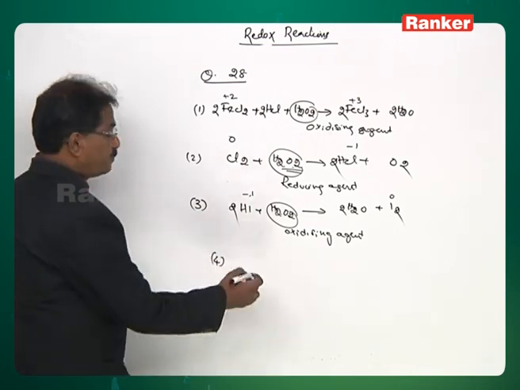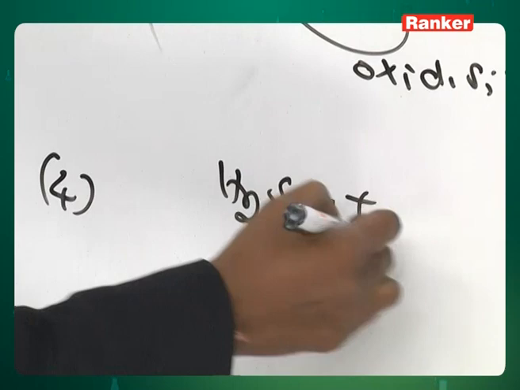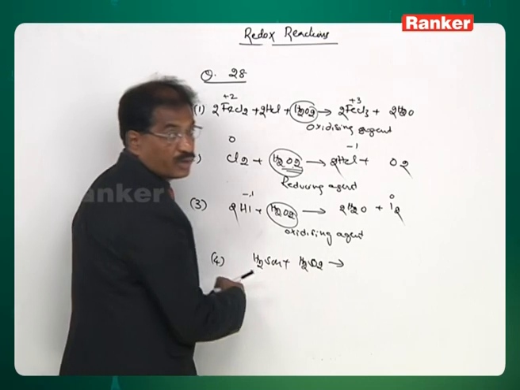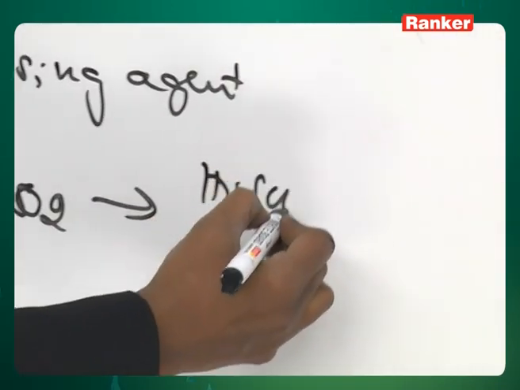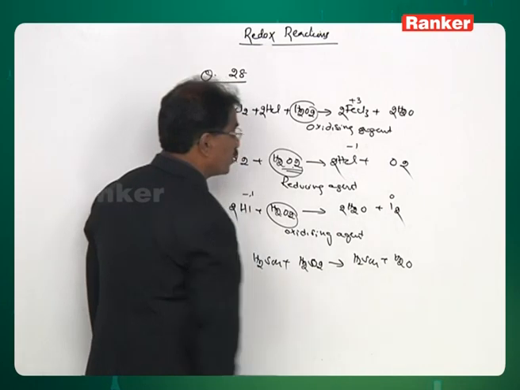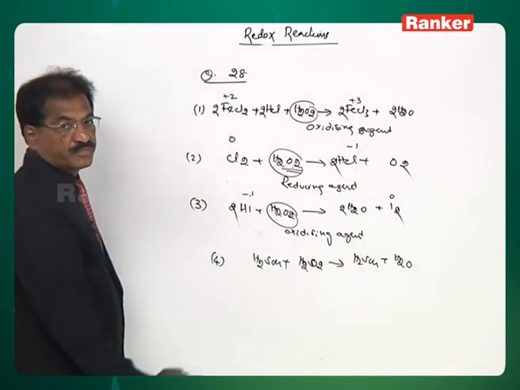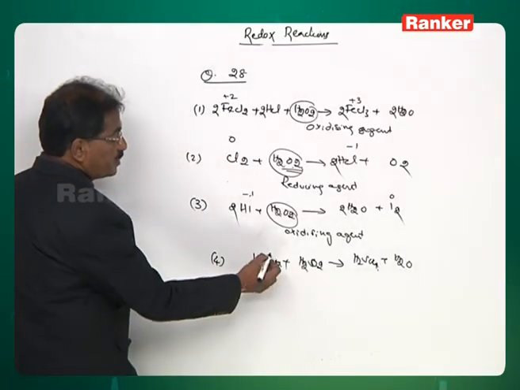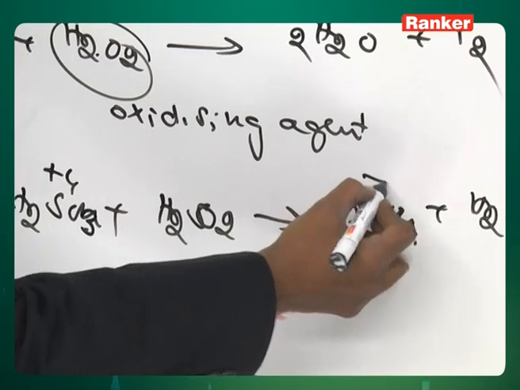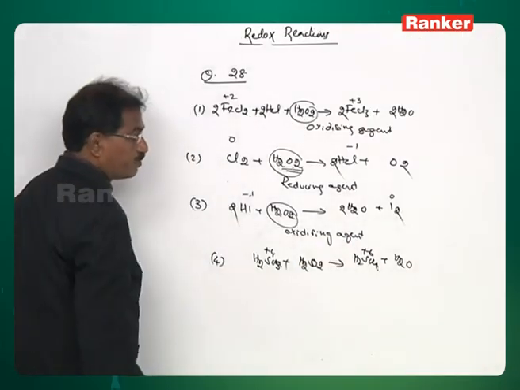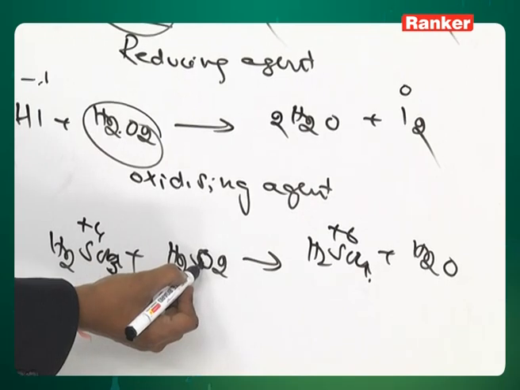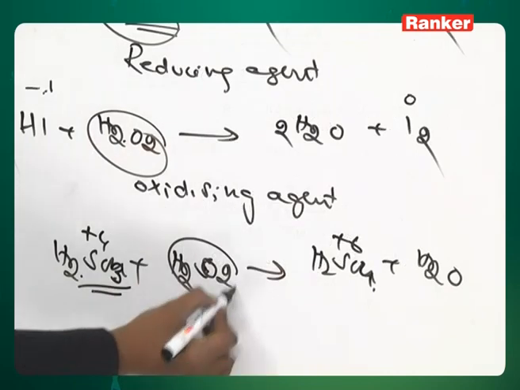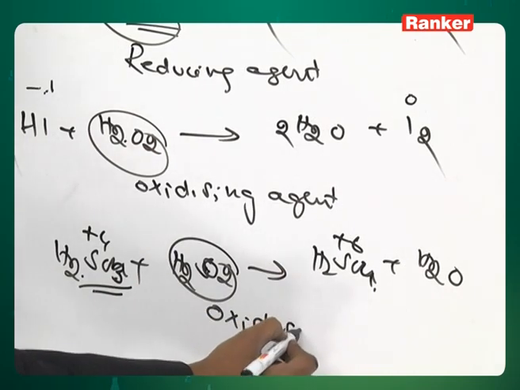Next, in the fourth option, H2SO3 plus H2O2 gives H2SO4 plus H2O. In this reaction, sulfur is in +4 oxidation state, here +6. That means because of the reaction with H2O2, this H2SO3 is undergoing oxidation. Hence, H2O2 is acting as the oxidizing agent.